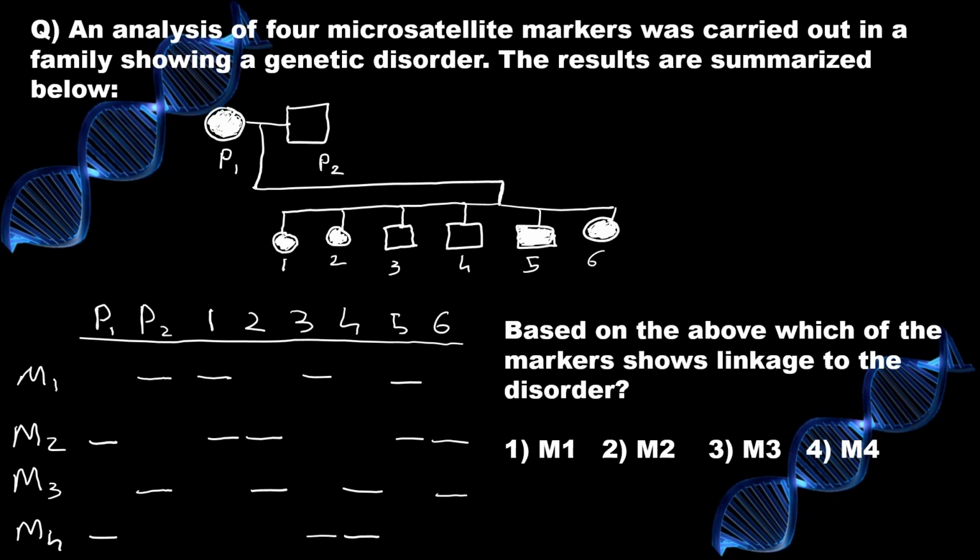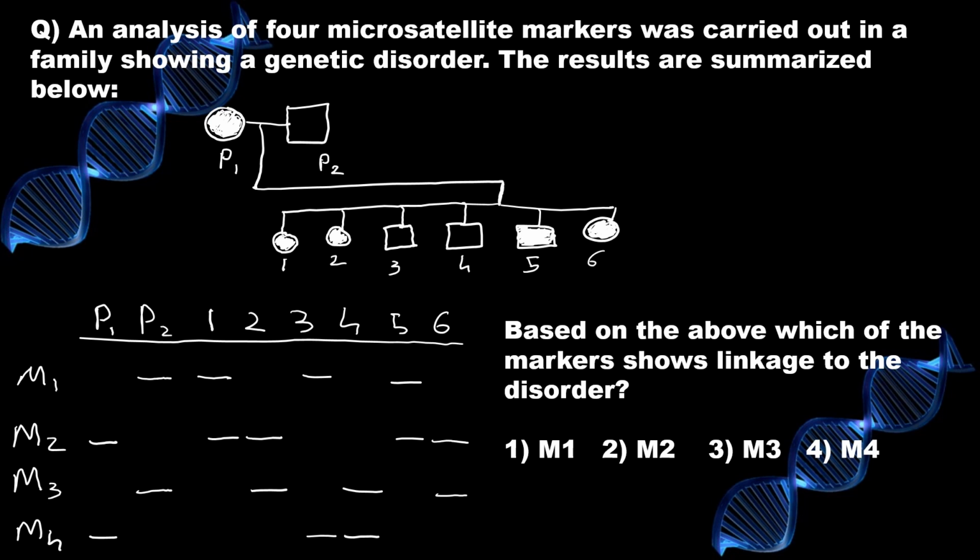Now we can analyze a question. An analysis of 4 microsatellite markers was carried out in a family showing a genetic disorder. The results are summarized below. Here, an affected female married an unaffected man, and she has 3 affected females, an affected male, and then 2 unaffected males.